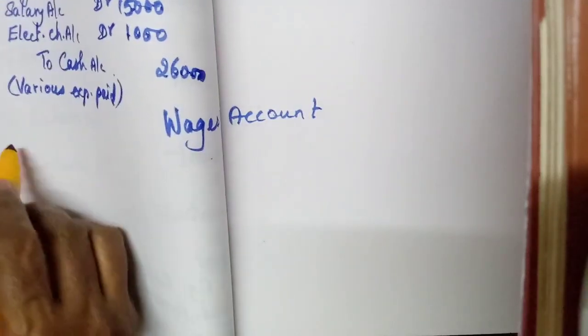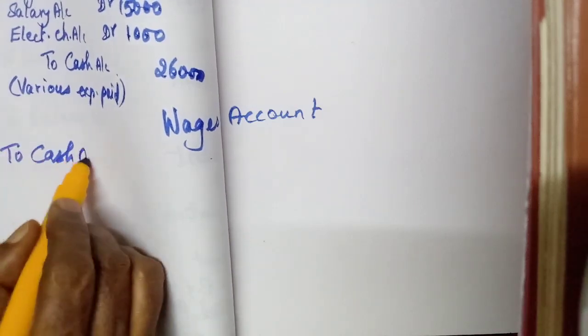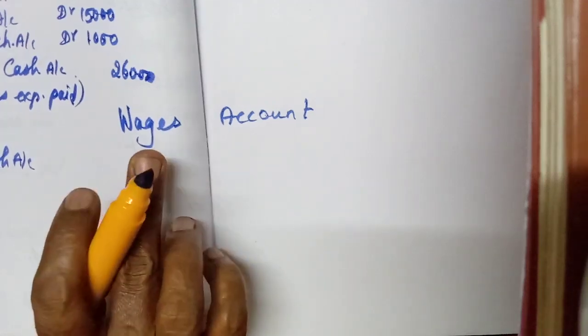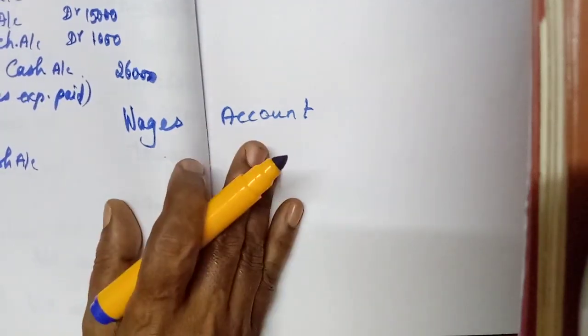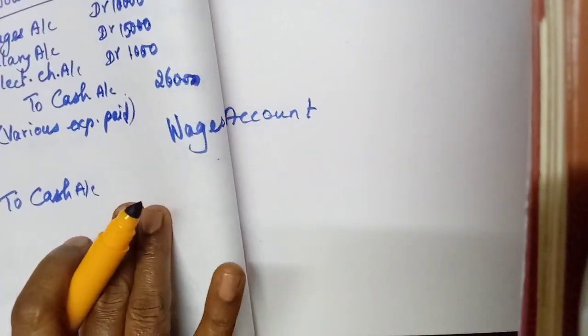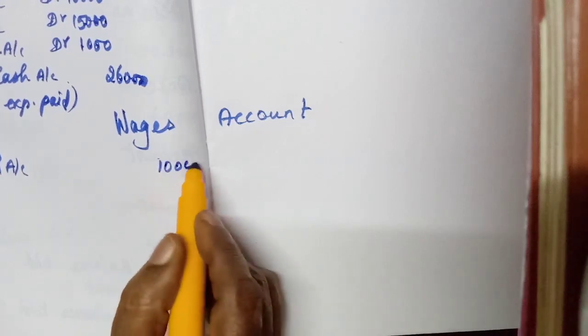That you know. You should write to cash account. Now we are only preparing the wages account, so straight to wages, what is the amount we have to see? Wages how much? 10,000. That only we have to write here.